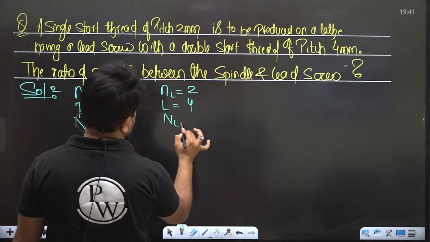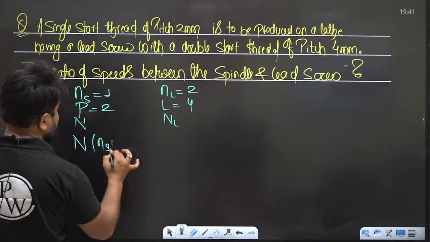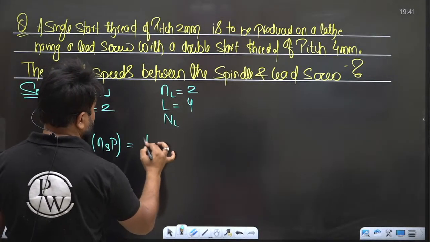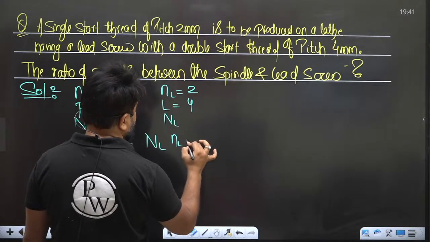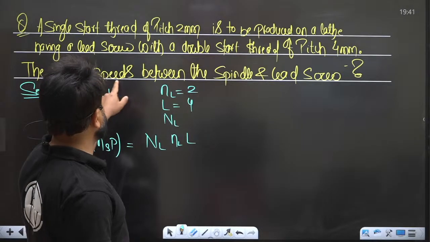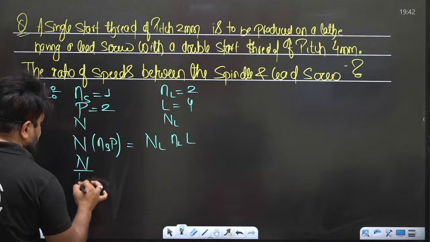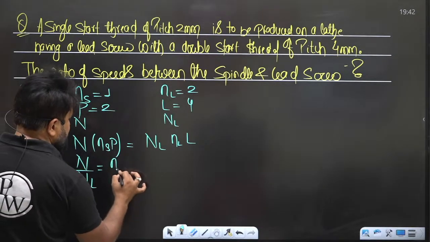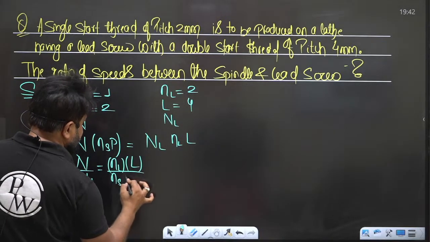Now we know that N into NS into P equals NL into small nl into L. Now you have to find out the ratio of speed between the spindle, that is N, divided by NL.